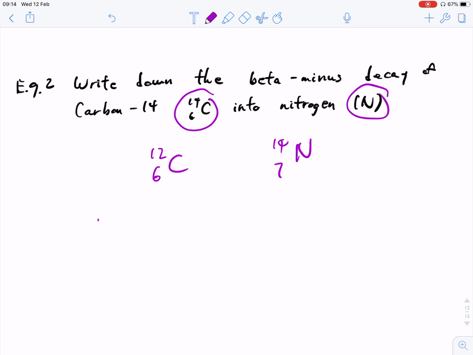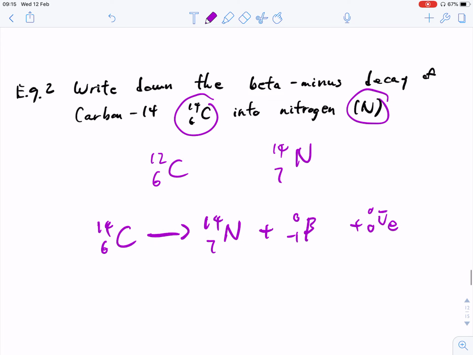So we have 14, 6, C. So that's before, and then afterwards it turns into, it's not losing any of the nucleons. And so it becomes nitrogen, but it also has the beta particle, which is -1, but it doesn't have any nucleons. But there's also the electron antineutrino as well, 0 and 0.